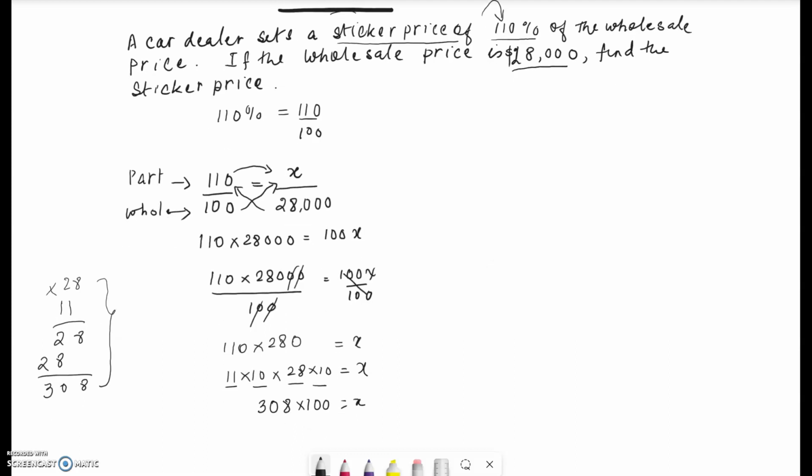And that is the same as 30,800 equals x. So that's $30,800.